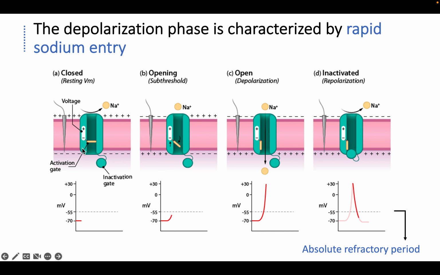Sodium is not able to enter. All right, you then get the necessary and appropriate stimulus, so it becomes more positive. Right, you see here we're very negative. Here we're becoming more positive, and our activation gate begins to open. All right. So we're in this opening phase. We're still sub-threshold because we're not at threshold yet, but by the time it opens, we are past threshold, and our sodium channel is said to be in an open state.